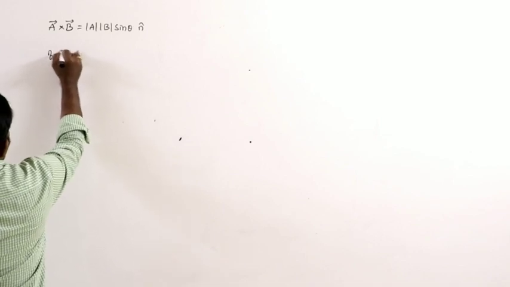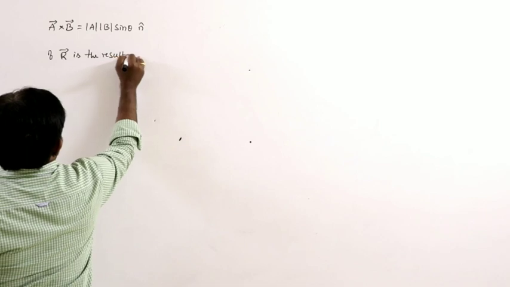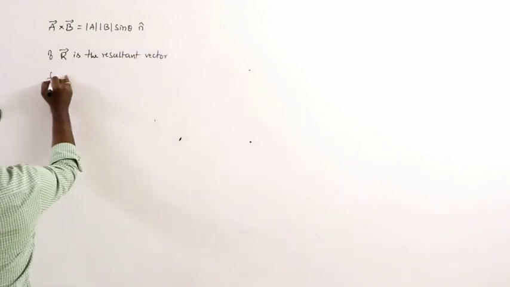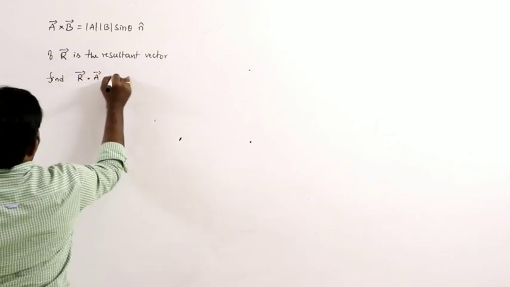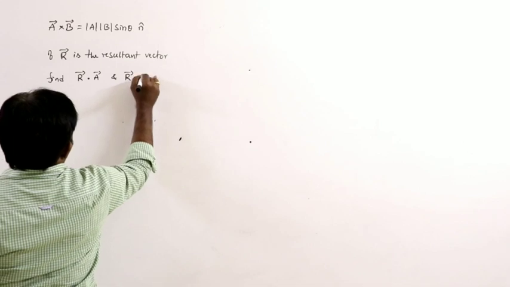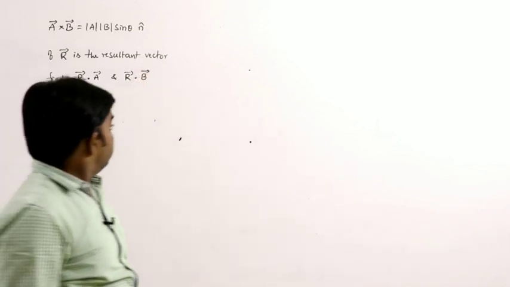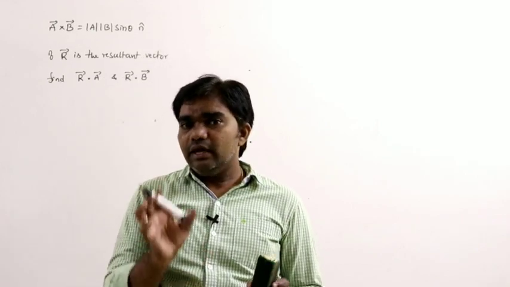If R bar is the resultant vector, find r bar dot a bar and r bar dot b bar. If r bar is the resultant vector, that means r bar indicates a cross b.